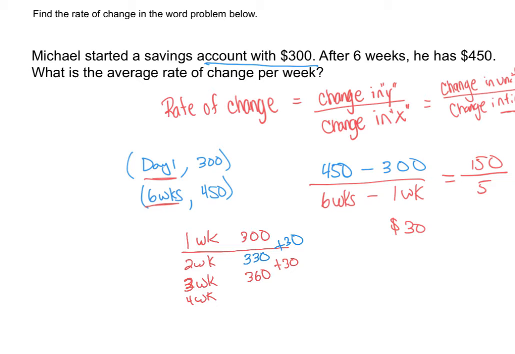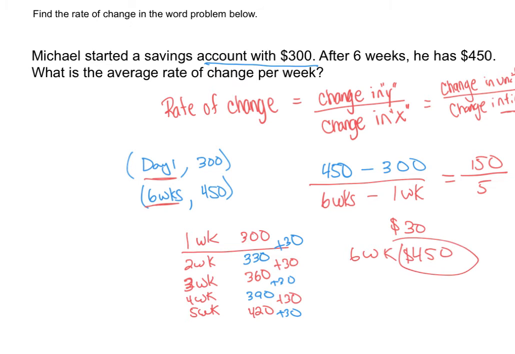Week 4, another 30, $390. Week 5, another 30, $420. And then for week 6, if we take 420 and add 30, we end up with $450, which is exactly what he had. So our rate of change makes sense.